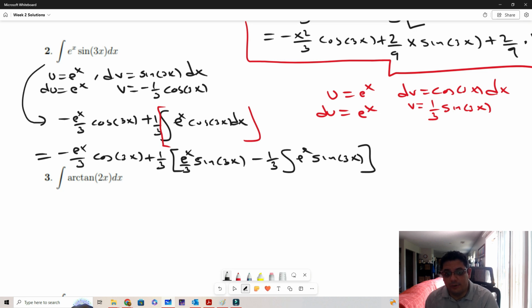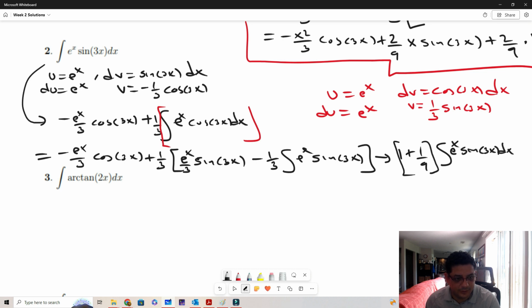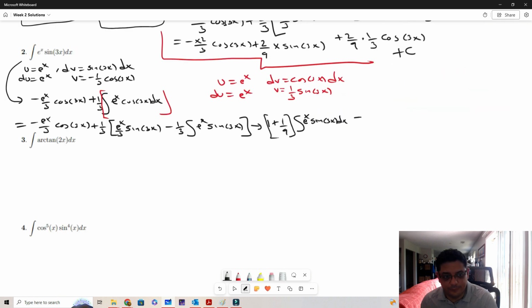So I'm going to move the 1 over 9 to the other side, and this is going to give me 1 plus 1 over 9 times the integral of e to the x sine of 3x to be equal to, and then we have this part over here, so it will be minus e to the x over 3 cosine of 3x plus, and then this piece here is a reminder, 1 over 9 e to the x sine of 3x.